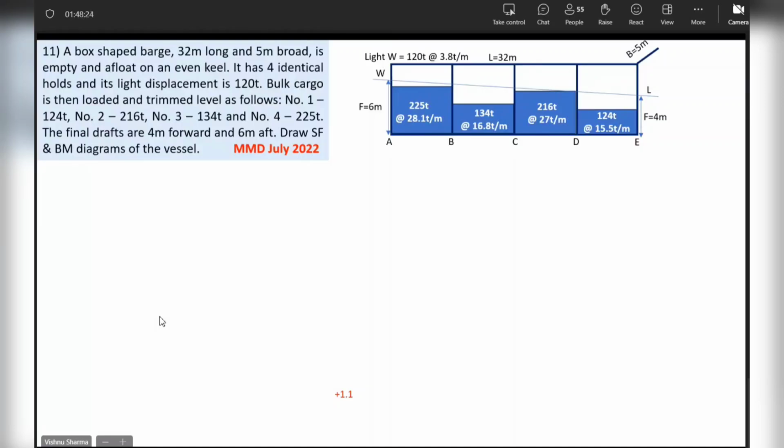Obviously. Now, guys, it is important to recall the definition of buoyancy. What is buoyancy, guys? How do you define buoyancy? The upward force exerted by the water displaced.